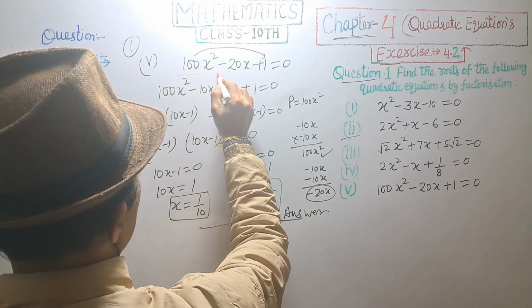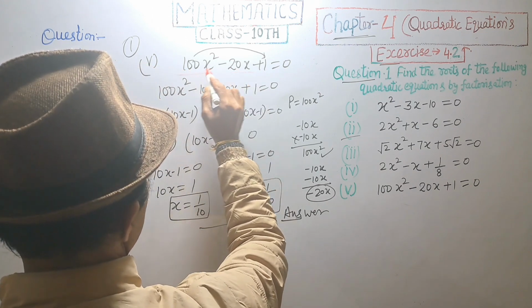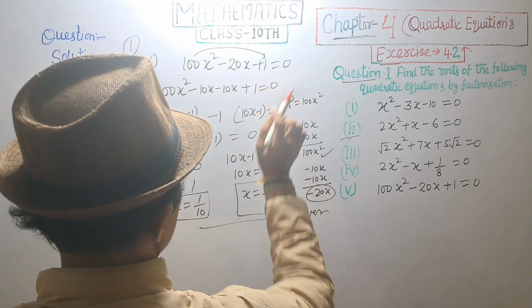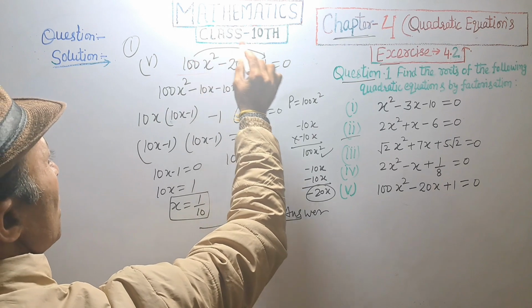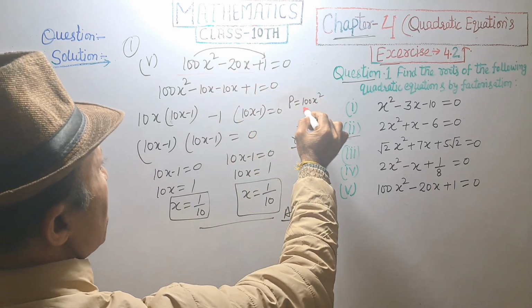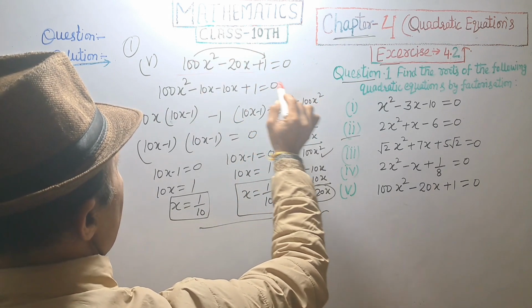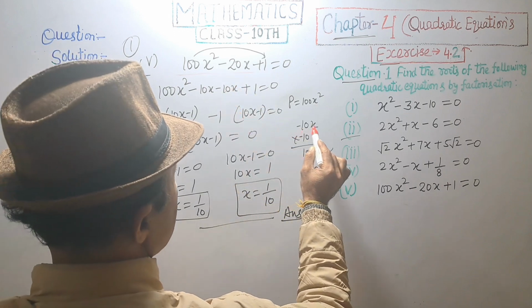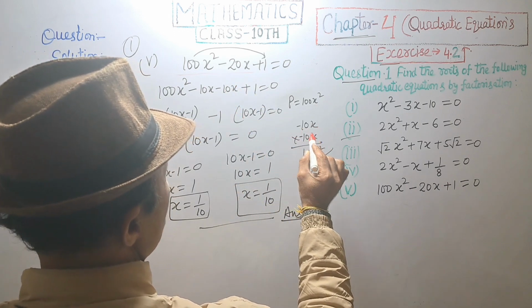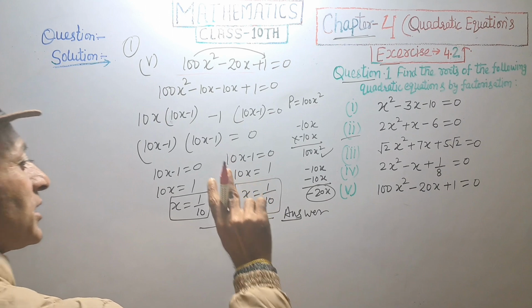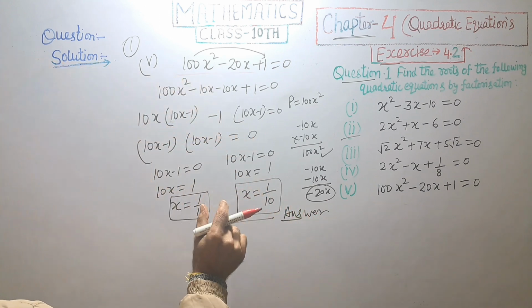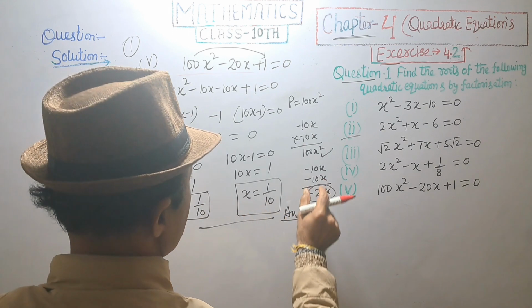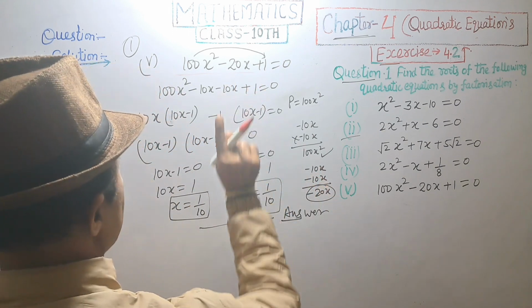Given 100x² minus 20x plus 1 equal to 0, the product of first and last is 100x², and minus 10x minus 10x, the product of minus 10x and minus 10x will be 100x², and their sum is equal to minus 20x.